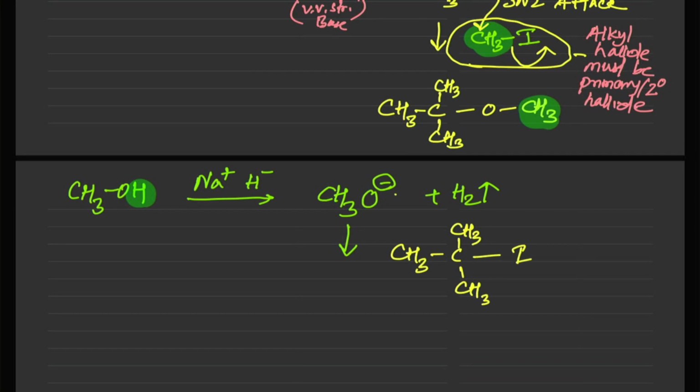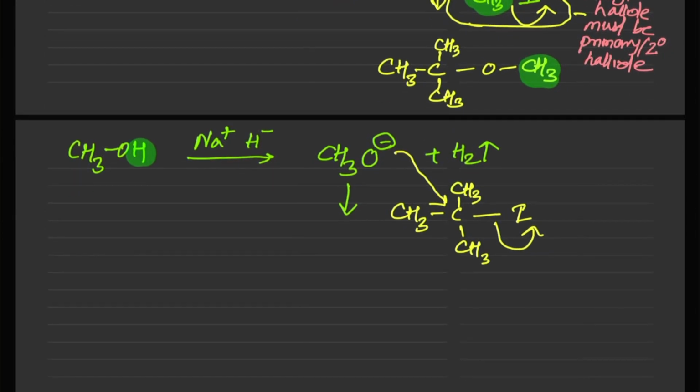this. So if you try to do this, where you attack on this carbon atom and remove this, remember SN2 attack is not possible on this tertiary carbon atom because it is way too crowded.